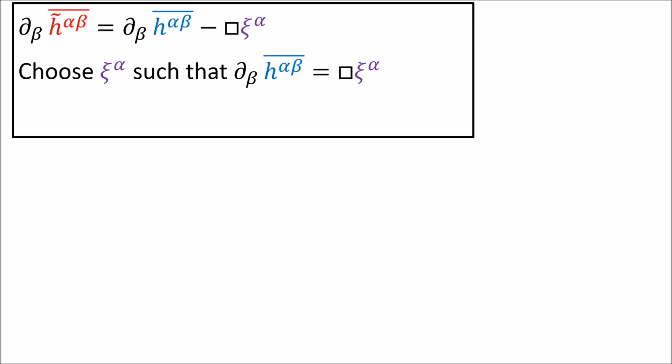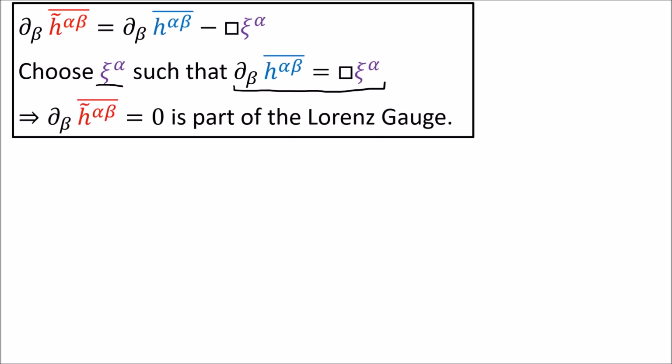So this basically gives us instructions for changing to a coordinate system that meets the Lorenz gauge condition. We know how h bar transforms under a displacement field psi, and if we specifically choose our displacement field psi to satisfy this differential equation, the new coordinate system we will end up with will meet the Lorenz gauge condition.